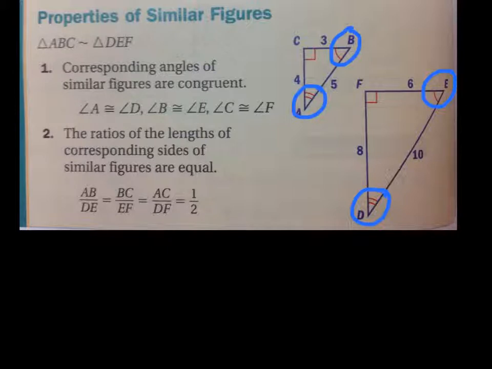So we have 5 to 10, 4 to 8, and 3 to 6. As all of the line segments in triangle DEF are twice the length of the line segments in ABC, we know that the ratios are all going to be corresponding or similar. So we have a ratio of 3 to 6, a ratio of 4 to 8, and a ratio of 5 to 10, all of which equal 1/2. So these two triangles are similar figures.